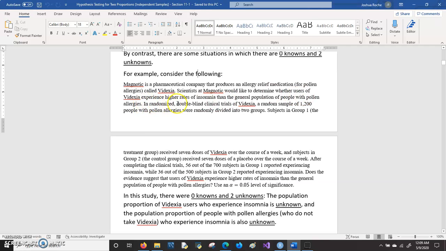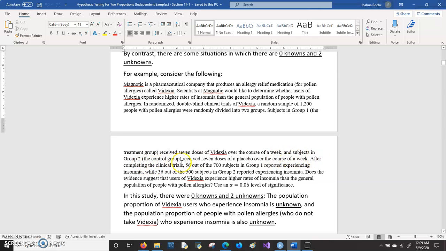In randomized, double-blind clinical trials of Videxia, a random sample of 1,200 people with pollen allergies were randomly divided into two groups. Subjects in Group 1, the treatment group, received 7 doses of Videxia over the course of a week, and subjects in Group 2, the control group, received 7 doses of a placebo over the course of a week.